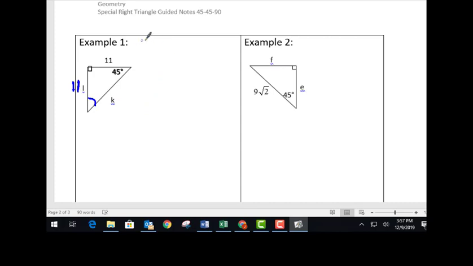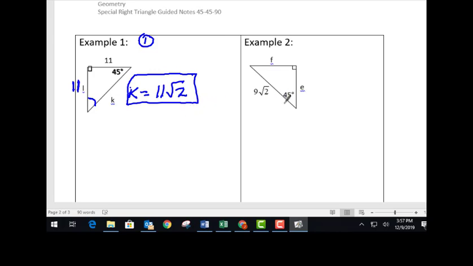Well, remember this, this is scenario number 1, where really all I need to do is what? Multiply by the square root of 2. So that means here k would have to equal 11 times the square root of 2. And that is a little shortcut for special right triangles with 45, 45, 90s.